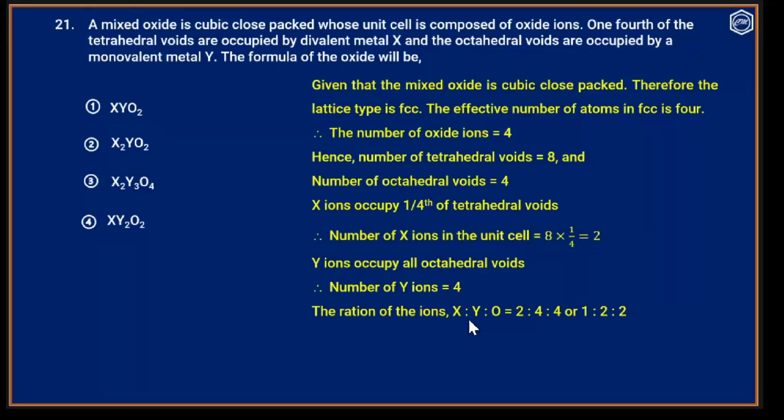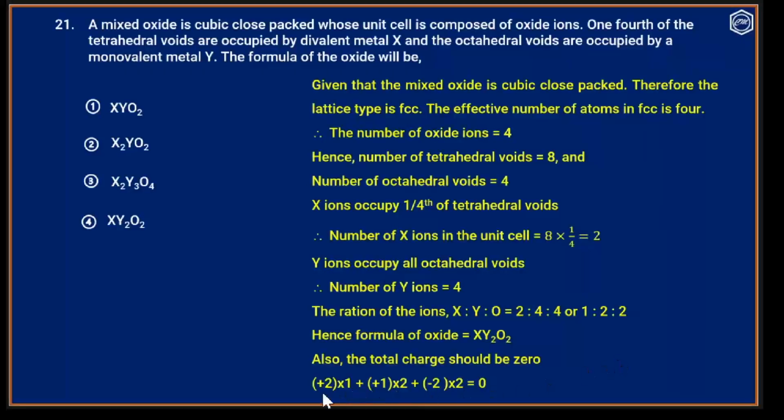So the ratio of X is to Y is to oxygen is 2 is to 4 is to 4, or 1 is to 2 is to 2. Therefore the formula is XY2O2. Also the total charge should be 0. That is plus 2 into 1, plus 1 into 2, minus 2 into 2, is equal to 0. So the correct option is option 4.